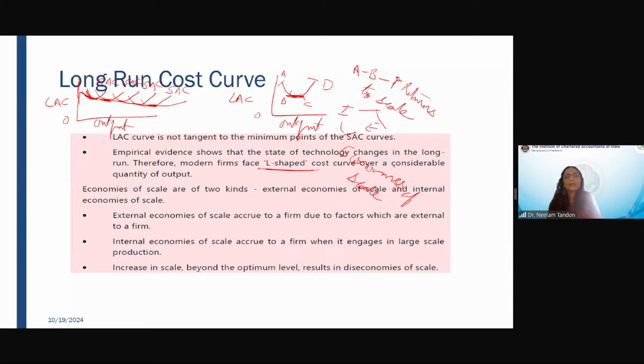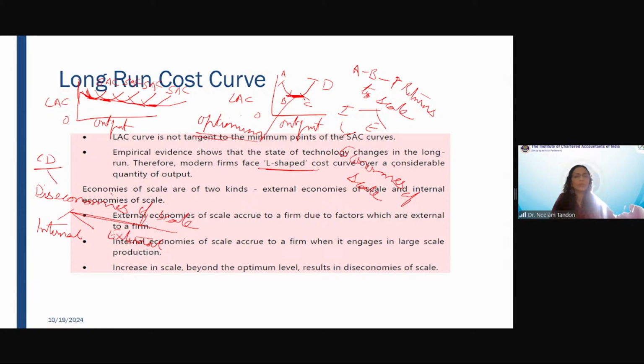Constant returns to scale: firm is producing at optimum level. And C to D is diseconomies of scale. And this diseconomies of scale can be internal or external. It can be because of the external factors or it can be because of the internal factors. So this is about diseconomies of scale.